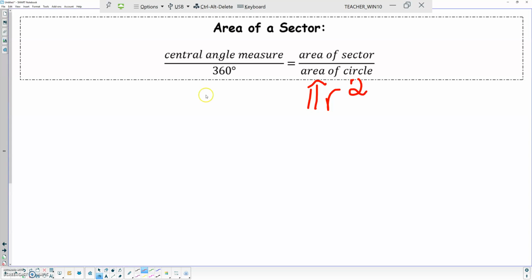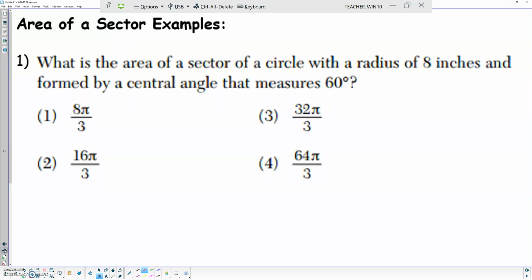Okay, so let's look at a few examples. Throughout this lesson, we're going to be using this proportion. Number one says, what is the area of a sector of a circle with a radius of 8 inches and formed by a central angle that measures 60 degrees?